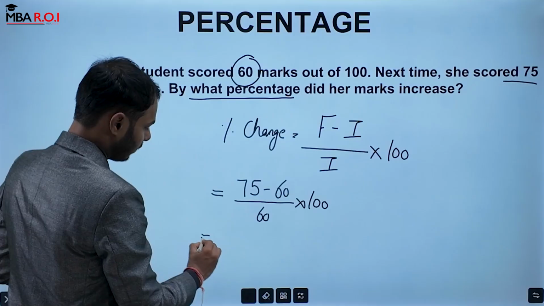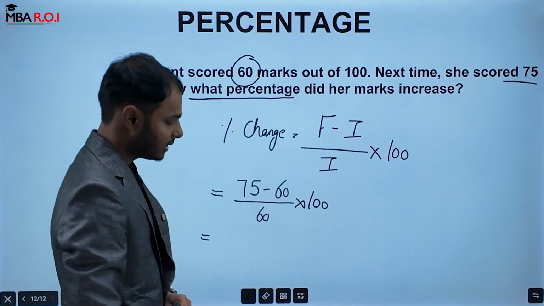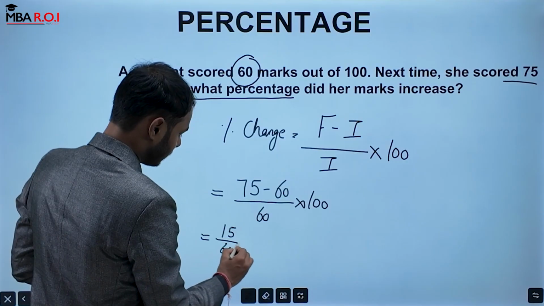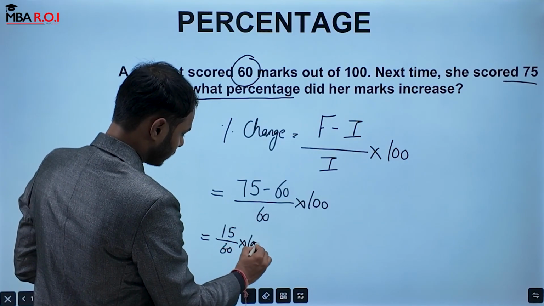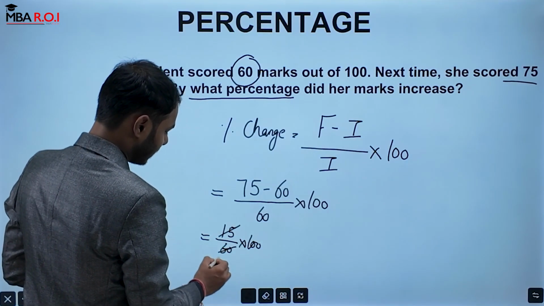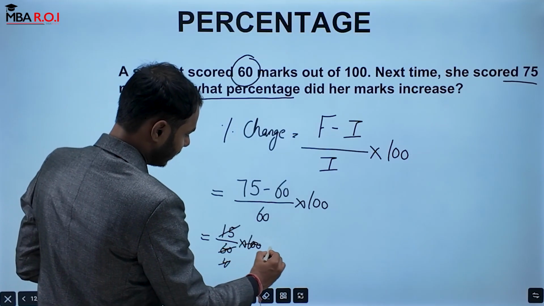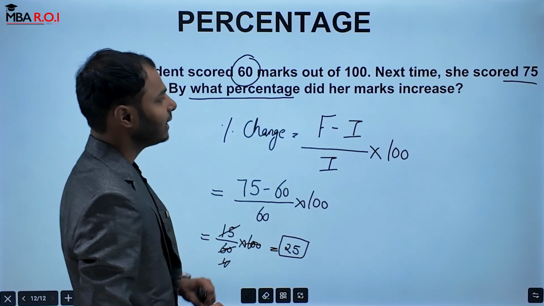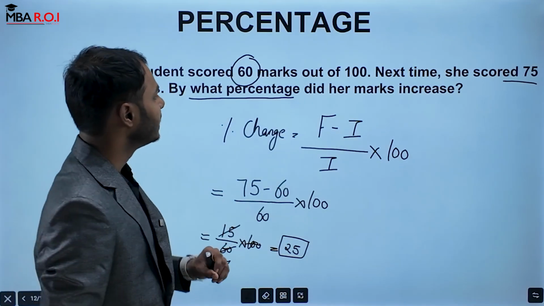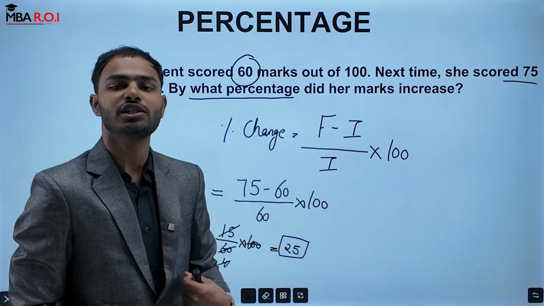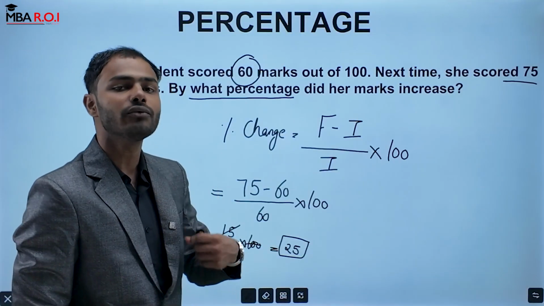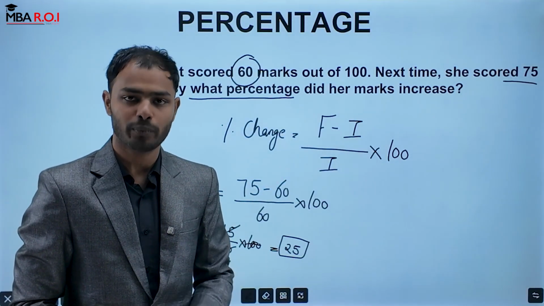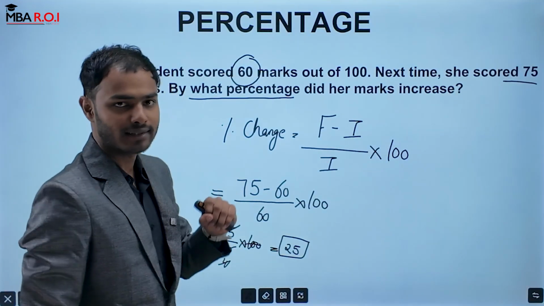How can we solve this? 75 minus 60 is 15, divided by 60, into 100. If you simplify this, you get 4, and finally your answer is 25. So the percentage change is 25%, or we can say the marks increased by 25%. I hope you also get this question.